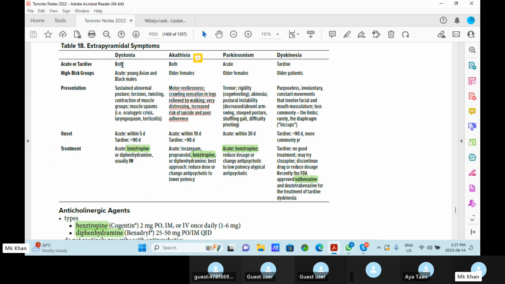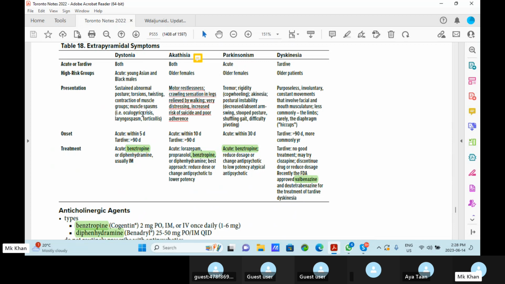acute or tardive. And the acute one is seen more in young Asian and Black males. The presentation is sudden abnormal posture, torsion, twisting of muscle groups, like oculogyric crisis, laryngospasm, or torticollis. So there is a sudden spasm, and it will be acute.